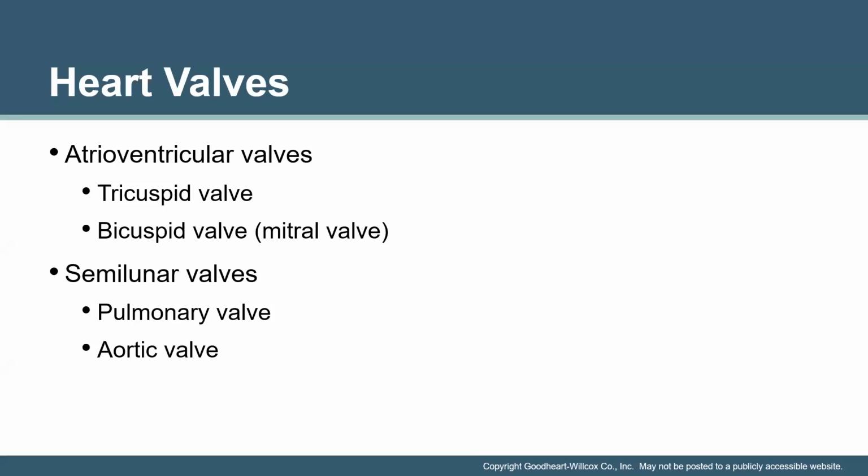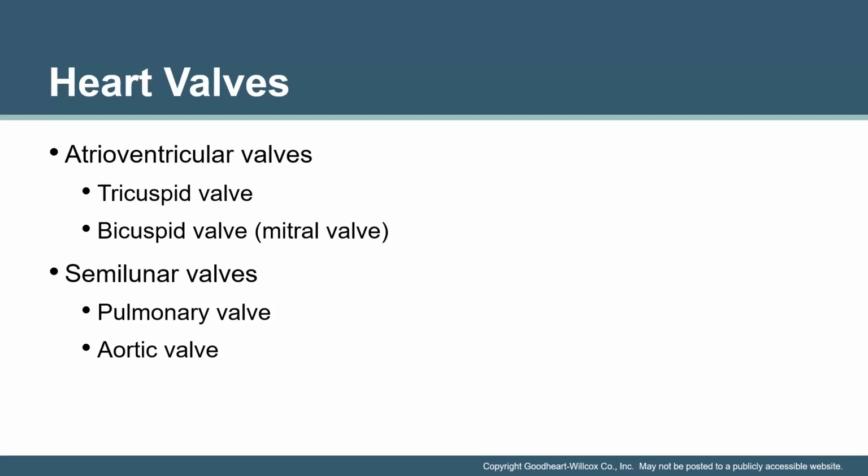This is on both left and right sides. You have 2 of them, obviously. You have a tricuspid valve, which is on the right side of the heart, separating the right atria from the right ventricle. And then you have the bicuspid or mitral valve on the left side of the heart, separating the left atria from the left ventricle.